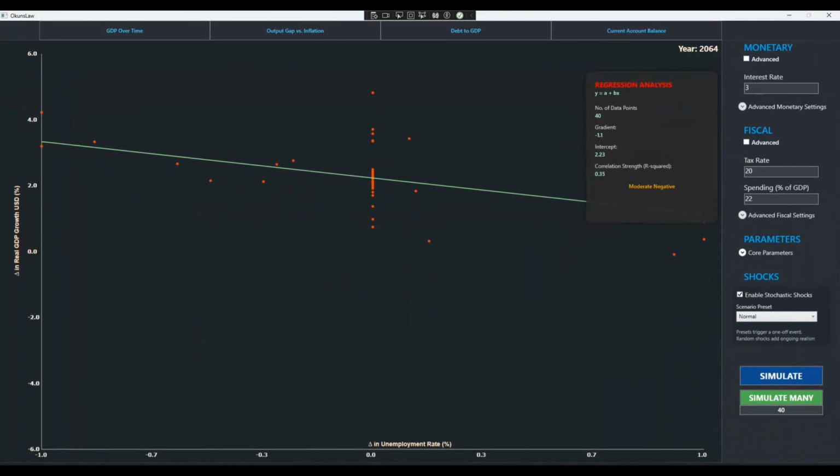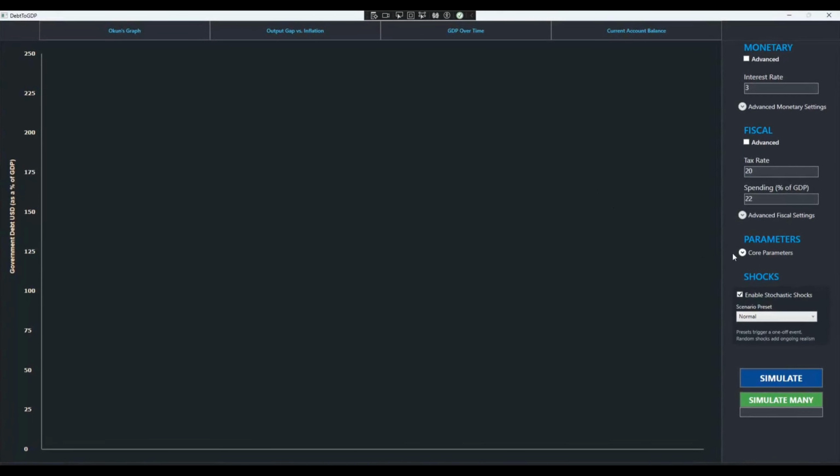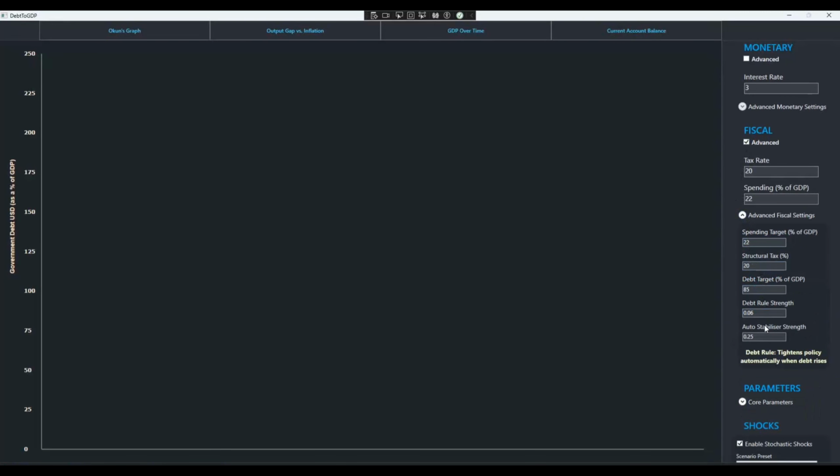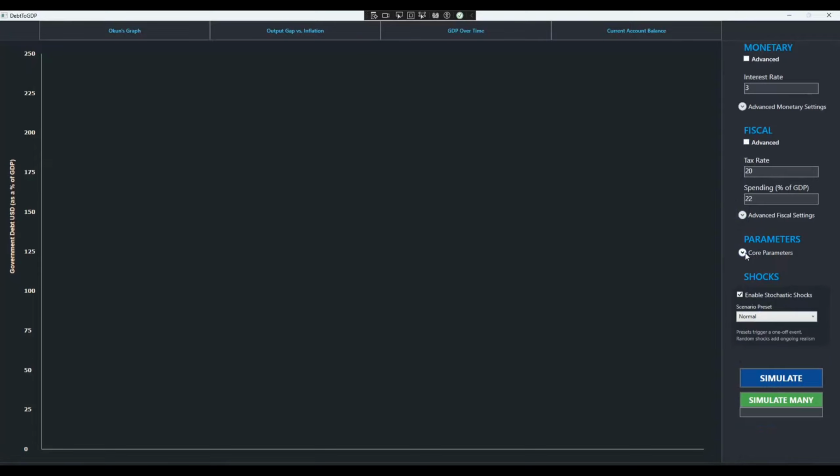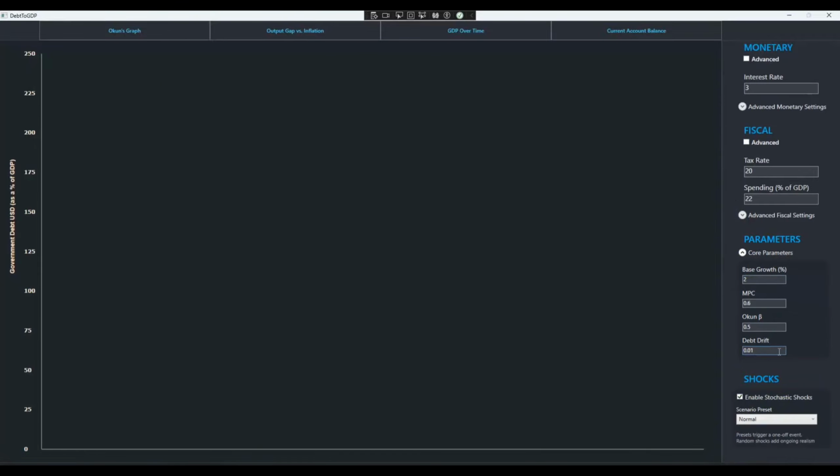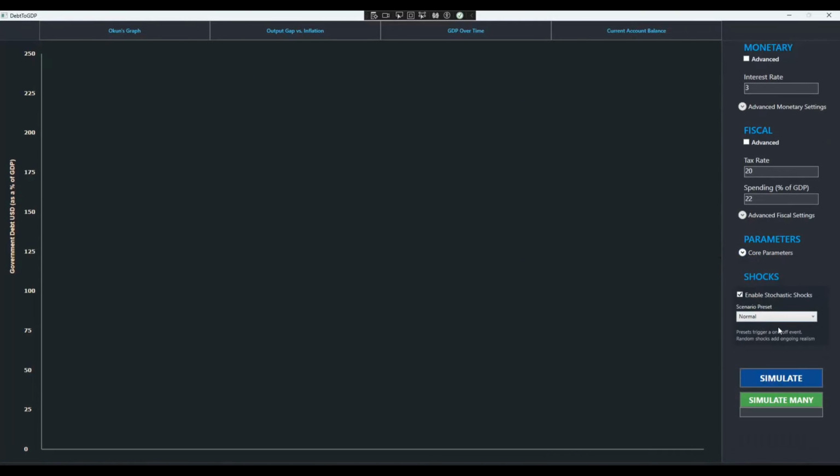So if we reset the simulation and we navigate to debt to GDP and advanced fiscal. We can see, oh, it was in core parameters. You can see a debt drift coefficient 0.01. So if we change that to 0%, just so we can test debt drift of 0, we can simulate 30 years as a simulation and observe what happens.